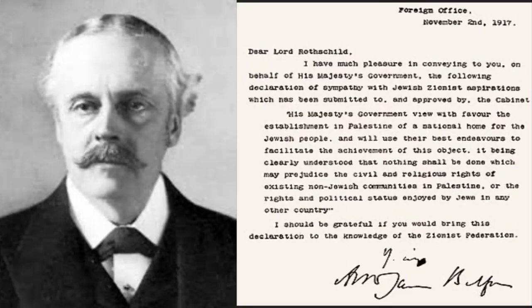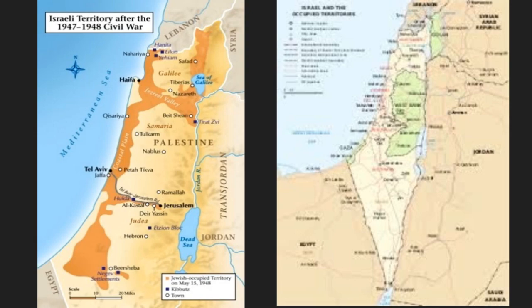So that's one of the key issues in the backdrop of this question that we're going to be exploring. Okay, so here you can see on the left a map of the Israeli territories in 1947 through 1948, when Israel made its Declaration of Independence. And you can see on the right the contemporary map today and how much that territory expanded.